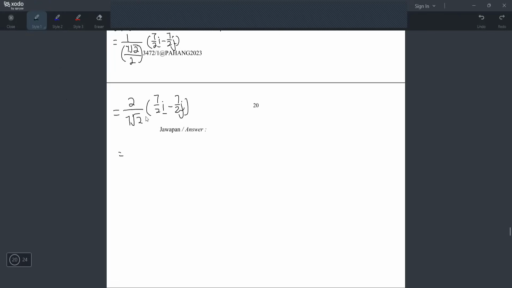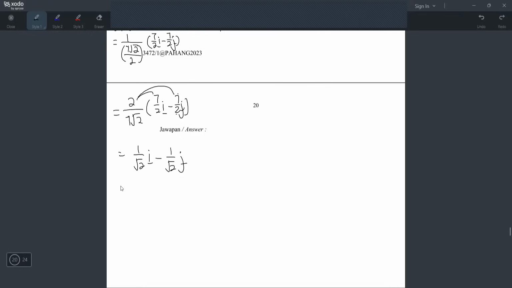Now you will expand this. It means you will take 2/7 square root 2 times 7/2. But the 2 and 2 can cancel, and the 7 and 7 can cancel. So you are just left with 1/square root 2 i. Same thing here. When you multiply this 2/7 square root 2 inside here, positive times negative is negative. And then the 2 can cancel here, 7 and 7 can cancel here. Left with 1/square root 2 j. So this should be your answer.